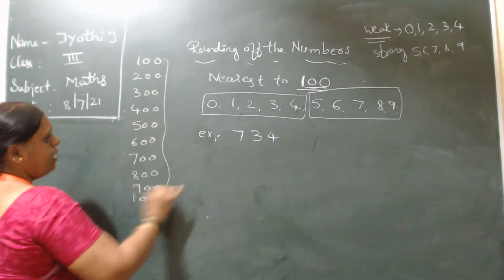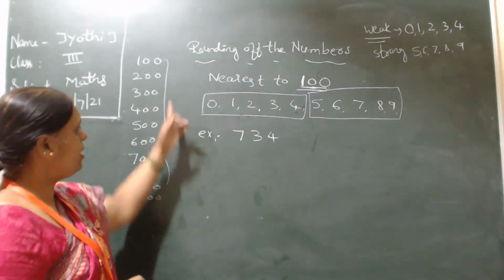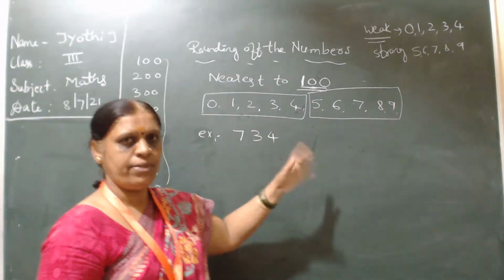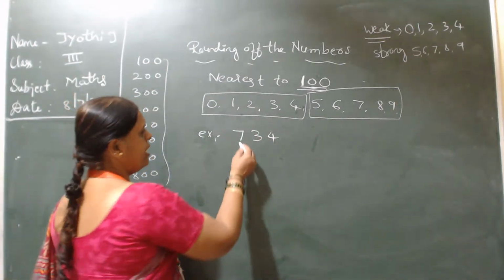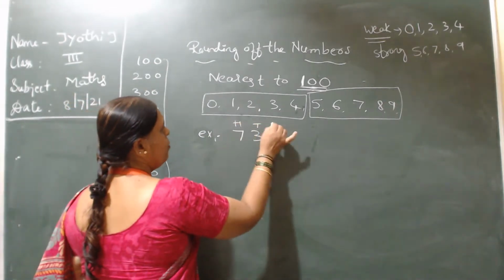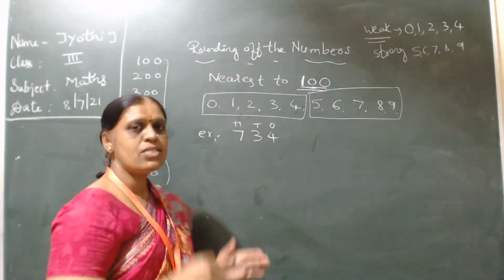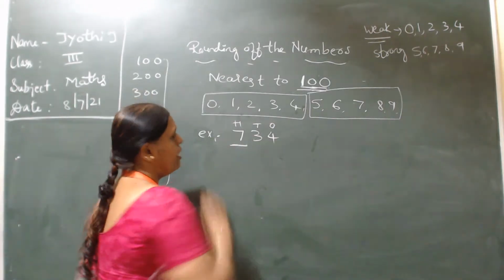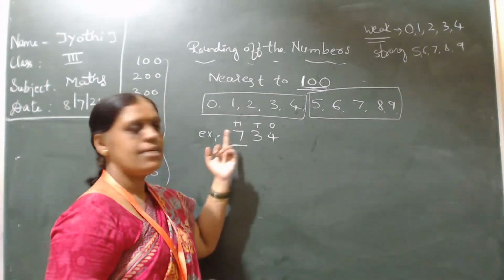These are the hundreds we can get after rounding the numbers. Now what are we seeing here? We are rounding to the nearest 100. In the hundreds place is 7.